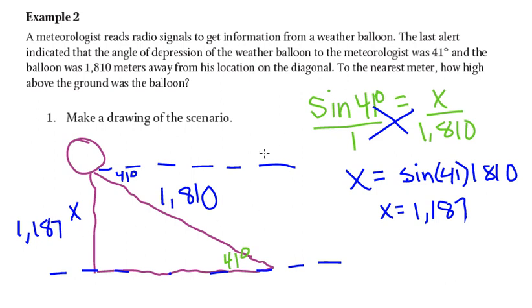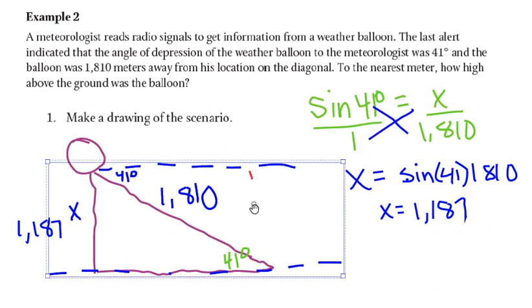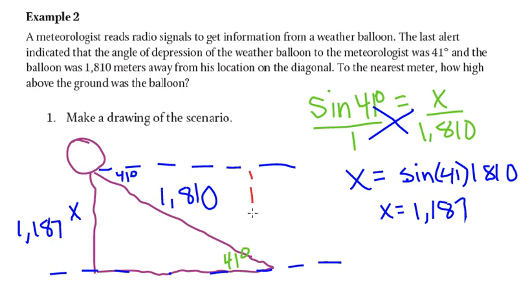So if we had done it the other way, if we had dealt with this side length here, we'd be looking for this. So this would be, again, opposite over hypotenuse. So I hope everyone is good on that problem there.